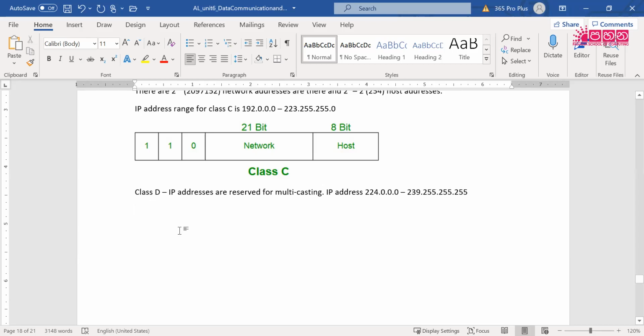Then class E IP addresses are reserved for experimental and research purposes.